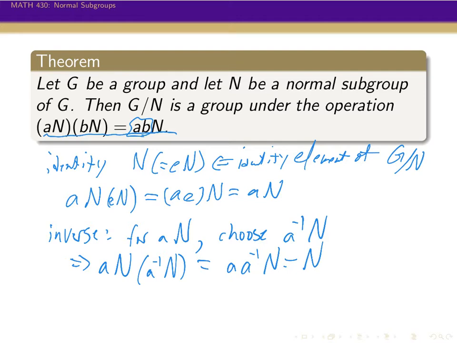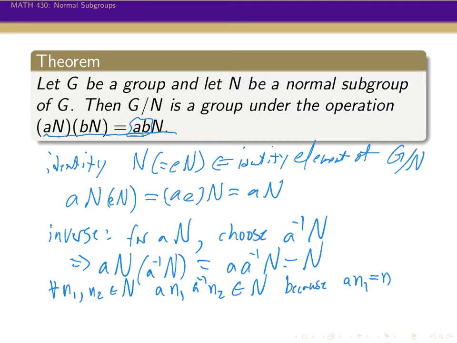Well, what's really going on is that for any n1 and n2 in N, a n1 times a inverse n2 is going to land me back in N. And the thinking here, using what we've seen before with normal subgroups, is that I can take a n1 and rewrite it as n3 a for some n3 in N. And so then this becomes n3 a a inverse n2, which is just n3 n2.